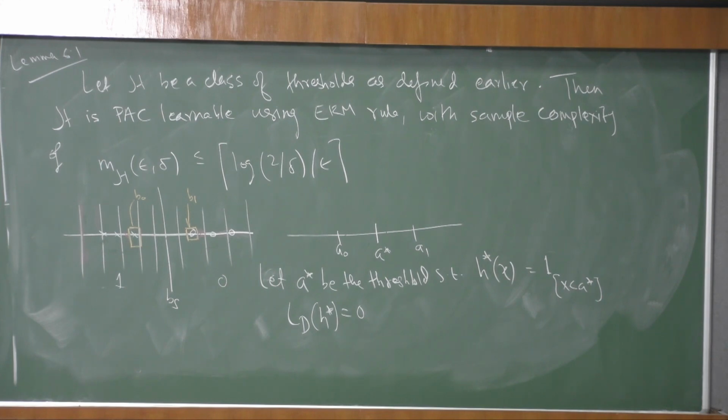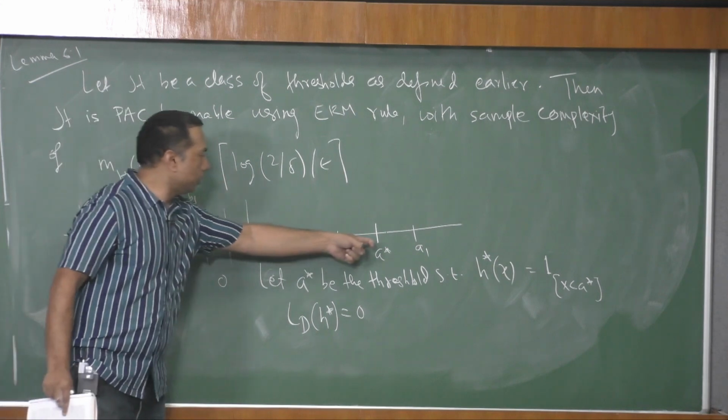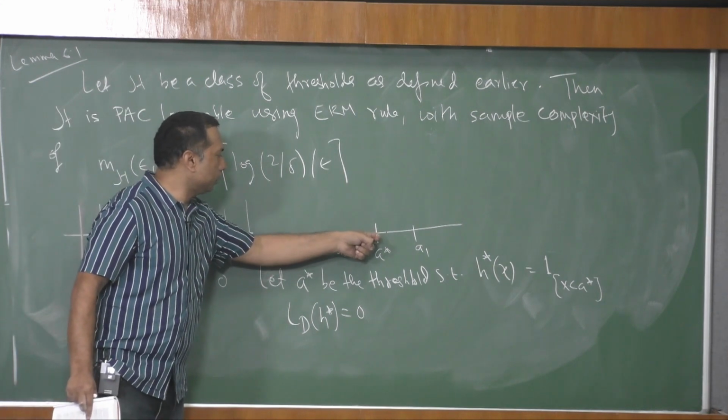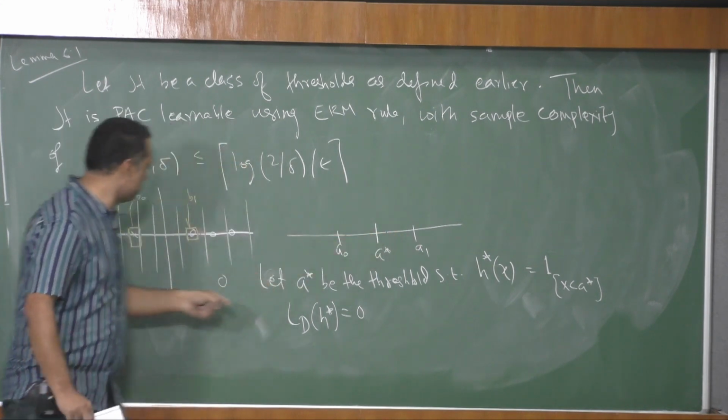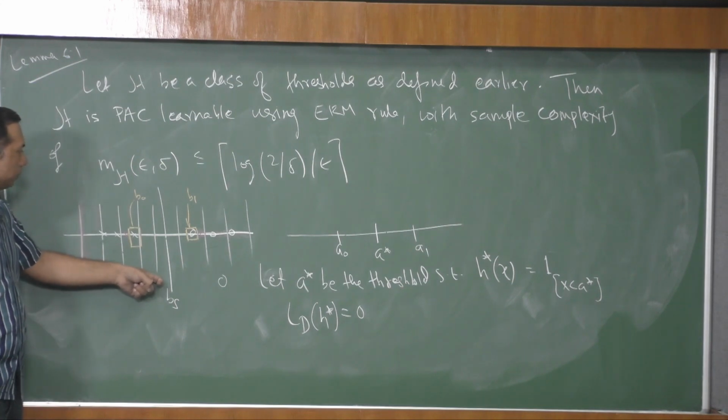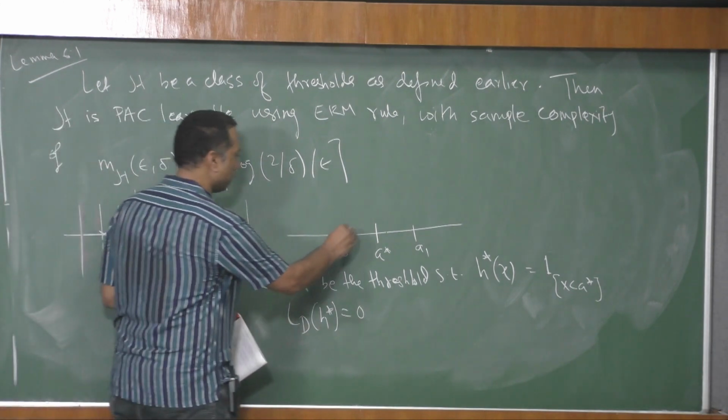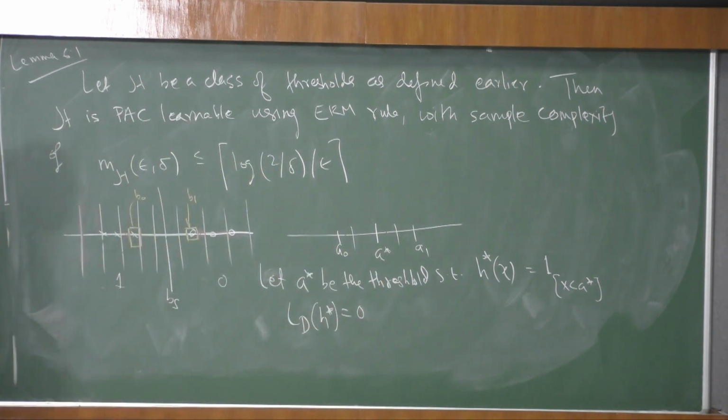Our optimal A star is here and A naught is epsilon distance, A1 is epsilon distance, and BS that we learned, if it has to do well on the test data, if it somehow comes up here, then it will ensure that it's not very far from A star, okay.